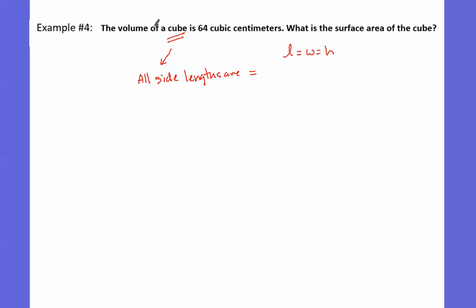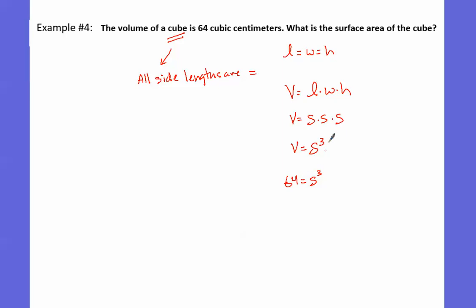So if we were to look at the volume of this, we would find that volume is going to equal length multiplied by width multiplied by height. But really it's just going to be volume equals side multiplied by side multiplied by side, or volume equals side cubed. That's important because what we then need to do is take 64 equals the side cubed.